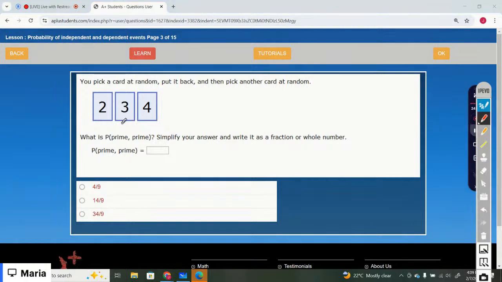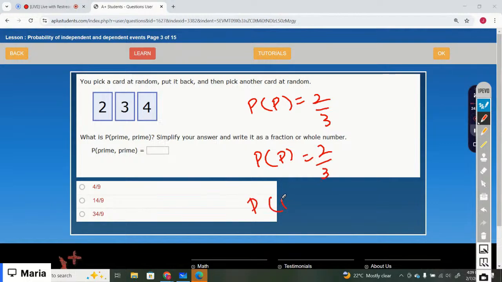Two numbers are prime, 2 and 3 are prime. So the probability of prime is 2 by 3. For the second time, because you put the card back, you have the same probability, that is 2 by 3. So you need to calculate the probability of prime and prime. So 2 by 3 times 2 by 3, that is 4 over 9. So the correct option is option number.